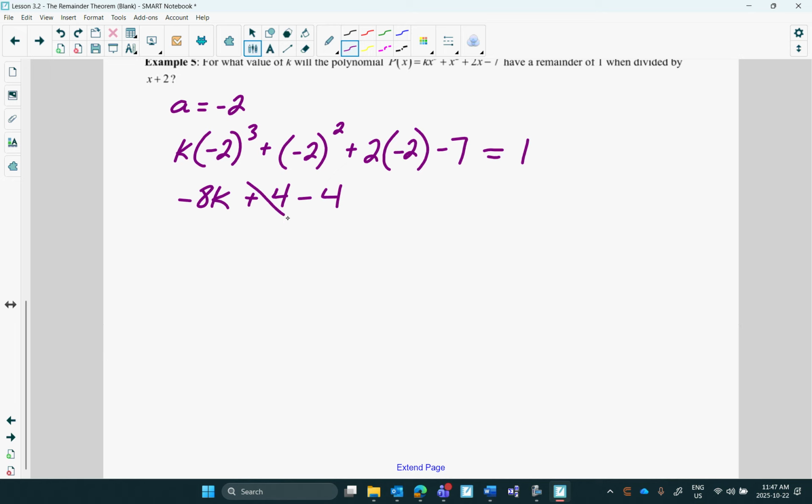Those are going to cancel each other out. Minus 7 equals 1. Add 7 to both sides. Negative 8k is equal to 8. Therefore, k is negative 1.